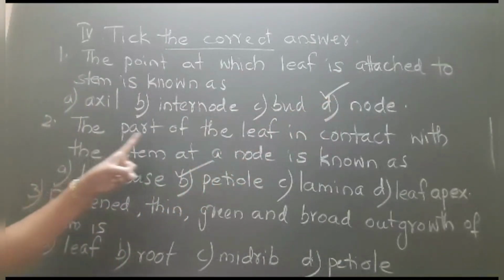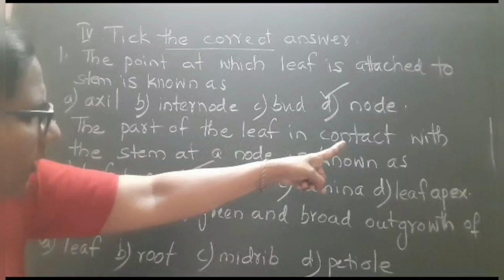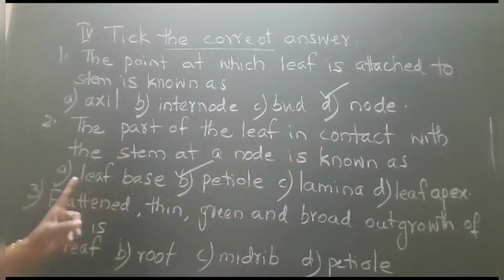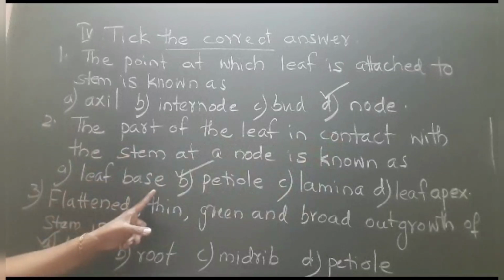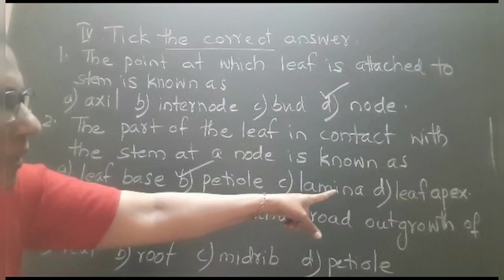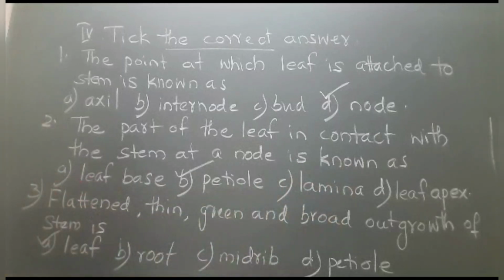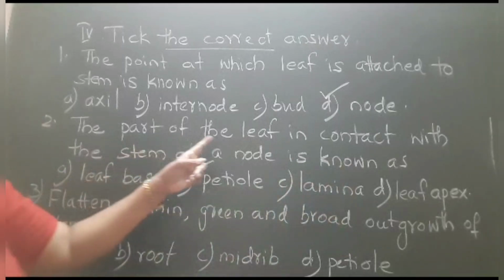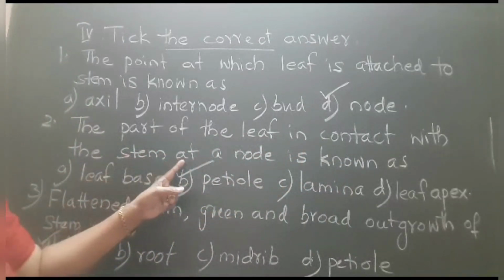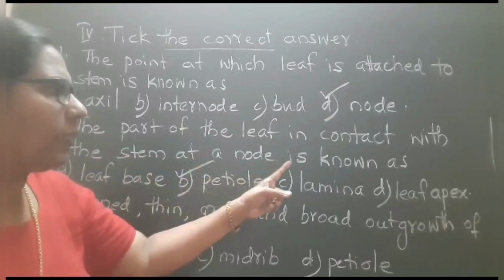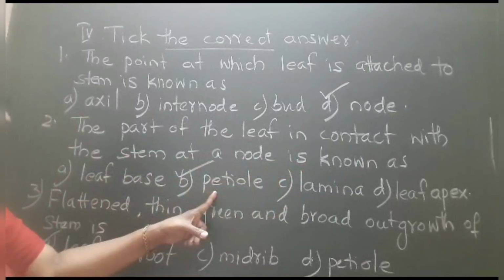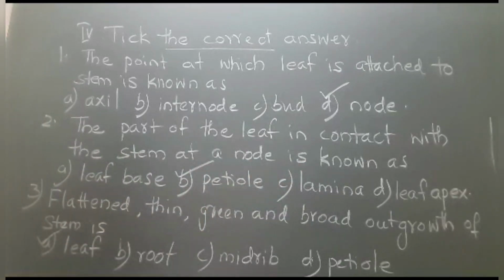Then the part of the leaf in contact with the stem at a node is known as A, leaf base, B, petiole, C, lamina, D, leaf apex. The part of the leaf in contact with the stem at a node is known as stalk or petiole. Petiole is the correct answer.